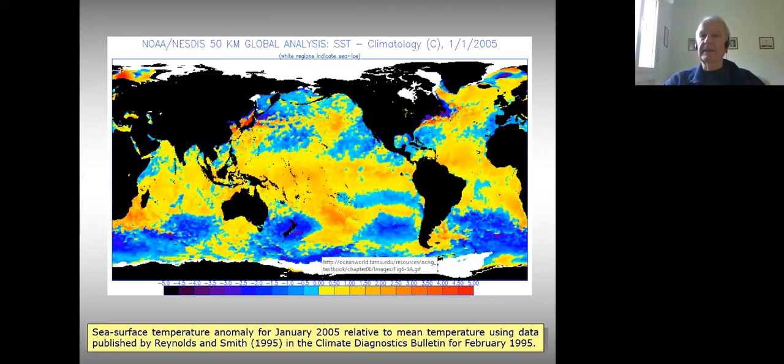These data are obtained from satellite. And you can calculate and see the climatology of these data, comparing the different years with their long-term average and so forth. So this is one example of how we do that.